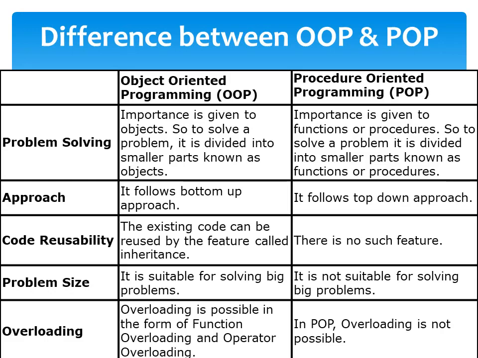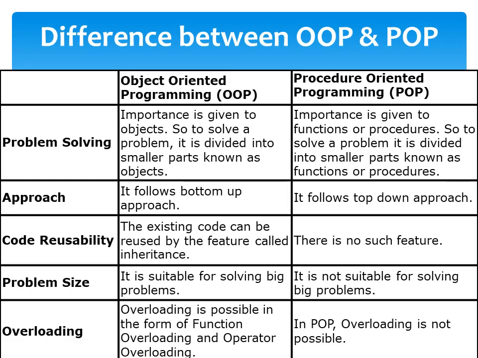In object oriented programming, programs follow a bottom-up approach. That is, small modules are built independently and are combined together to form a large software. Whereas procedure-oriented programming follows a top-down approach, where the problem is seen as a whole, and when needed, small functions are developed to support it.